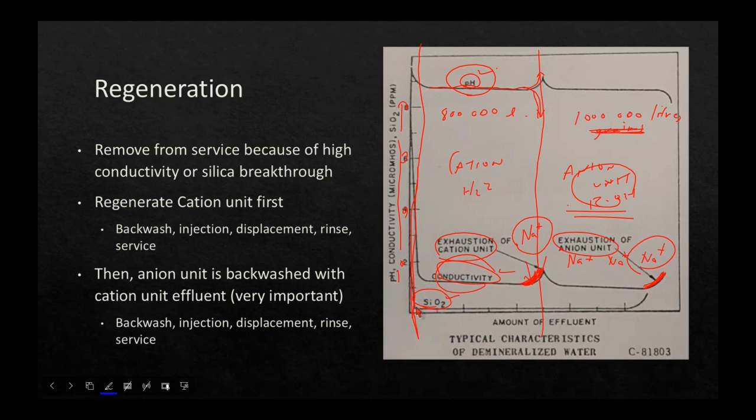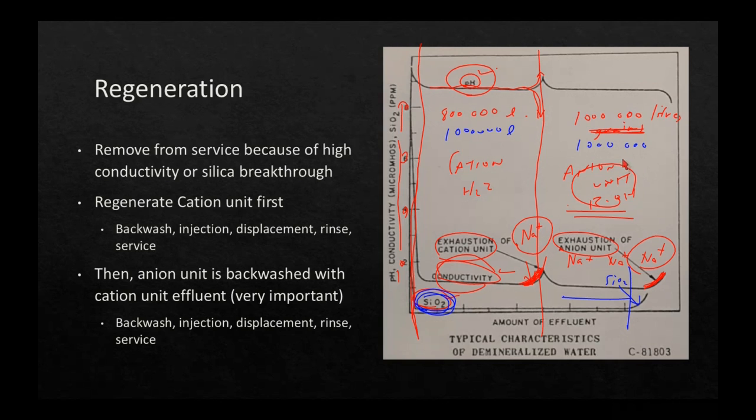The next way that we can regenerate it is if we have equipment that is going to monitor the silica all the time, then we can have a 1,000,000 liter unit and another 1,000,000 liter unit. What we're really concerned about is silica breakthrough. If silica breakthrough occurs, then we shut it off and we regenerate.